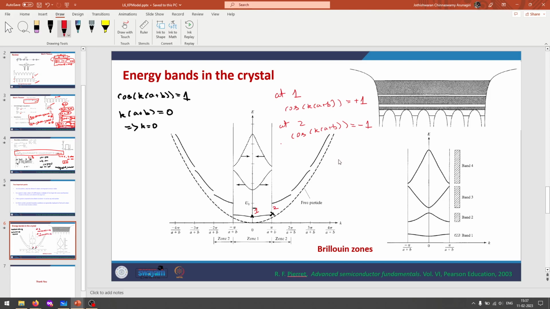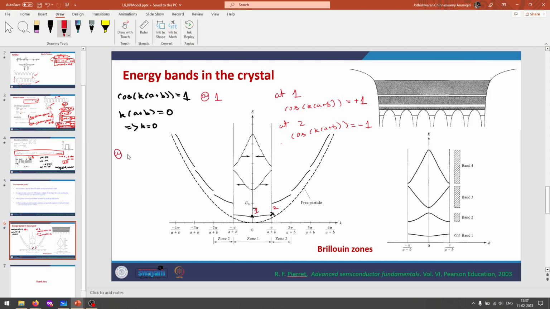Is this clear? Yes, sir. So what is the solution that I'm assigning here? Over here, I'm saying k times a plus b is 0, so this is at point 1, so k is equal to 0.